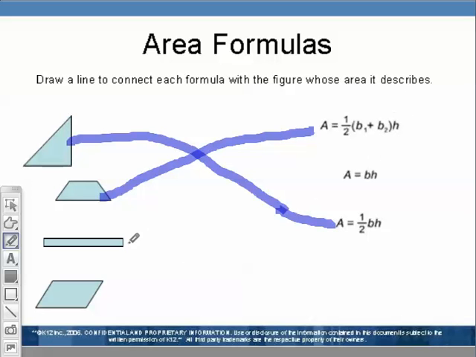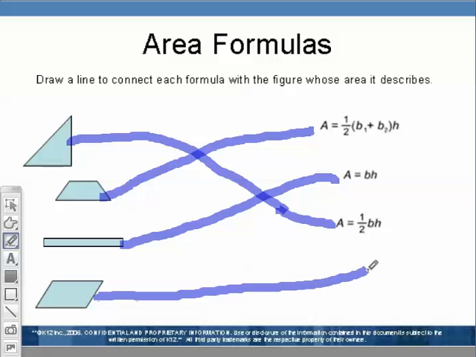So what is the formula for a rectangle? Well, that's the base times the height. And what's the formula for a parallelogram? It's the same thing as the formula for a rectangle.